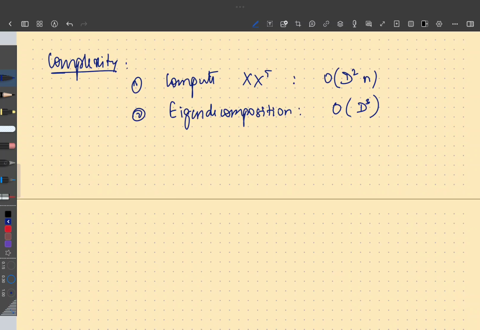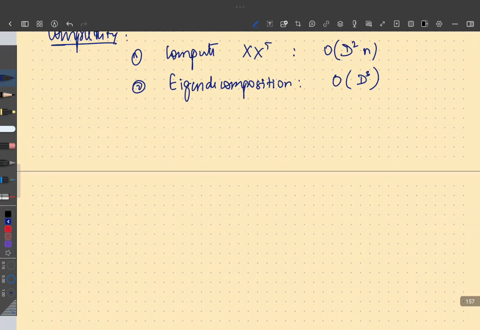All right. So another way of doing this is, instead of looking at XX transpose, you look at X transpose X. All right.